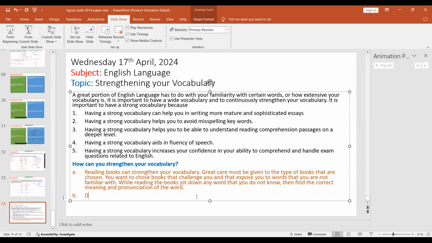So download and use vocabulary apps consistently.